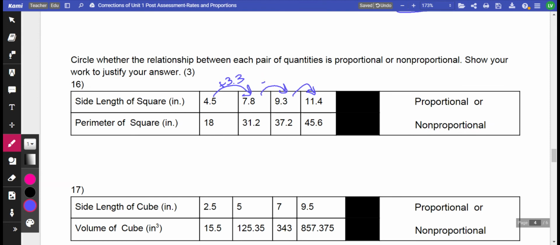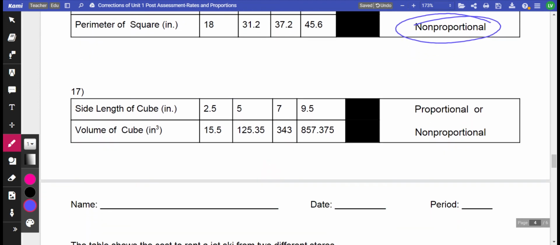The second one, I am adding 1 5/10. Then I'm adding 2 1/10. I'm not even going to bother with the perimeter of the square, because if I see that the side length of the squares is not increasing by the same amount every time, that means that it is not proportional.